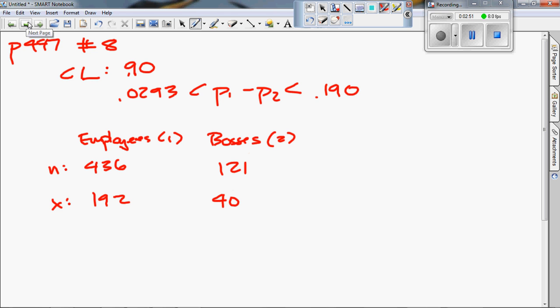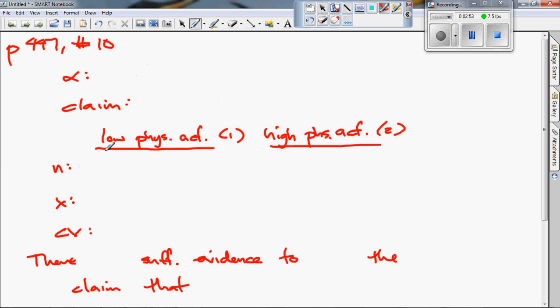Alright, last problem is number 10, same page. For number 10, we're referring to number 9. We have two independent samples here, two independent populations.